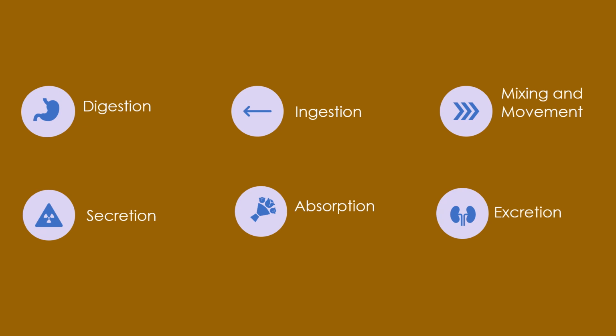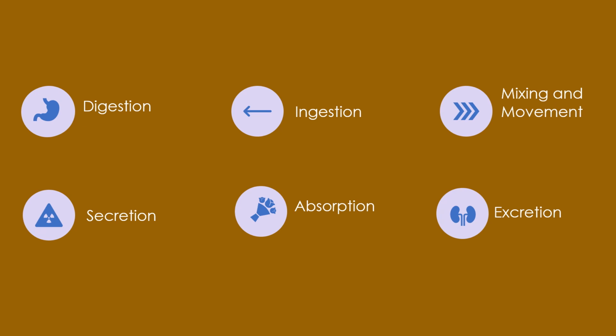Next we have the digestion process. What does digestion do? They convert the complex food particles into simple substances. All the acids and enzymes are secreted, and after that secretion, it takes help of those acids and enzymes and digestion takes place. Then we have absorption.